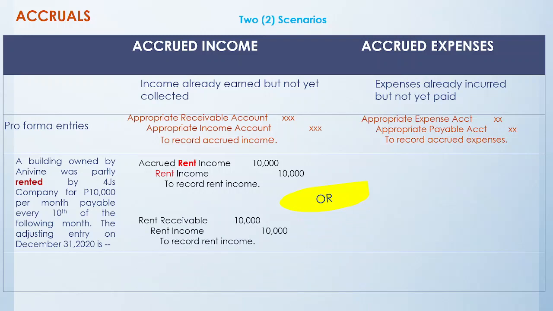What can you observe in that entry? As you can see, this entry increases both asset and revenue accounts.